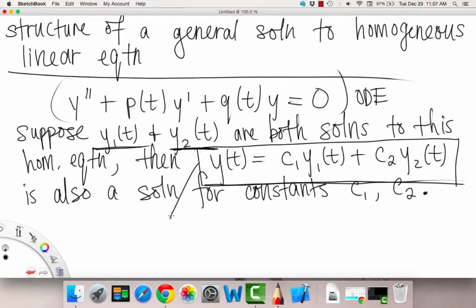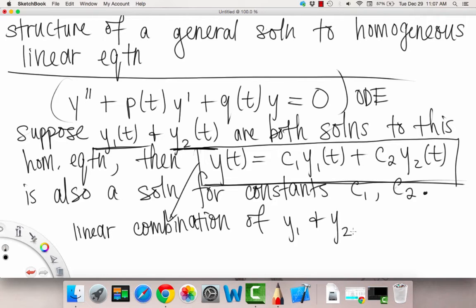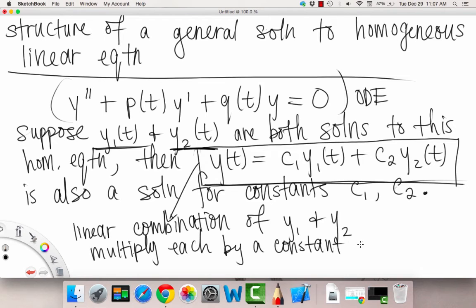This actually has a particular name. This is called a linear combination. I like to write linear combo, but you could write combination as well. It is a linear combination of the functions y sub 1 and y sub 2, obtained by multiplying each by a constant and adding them together.